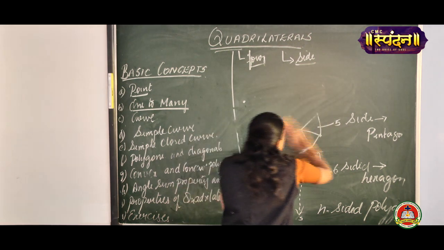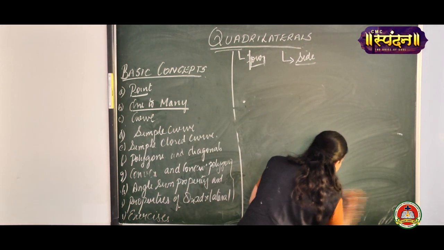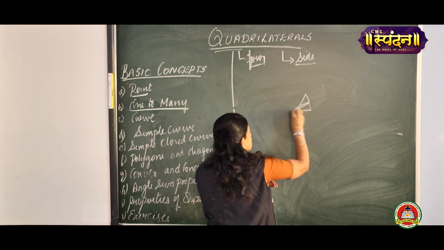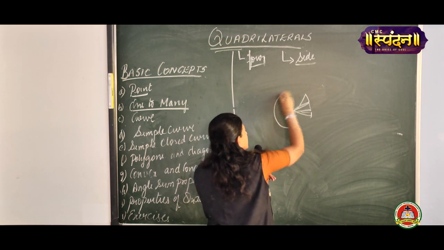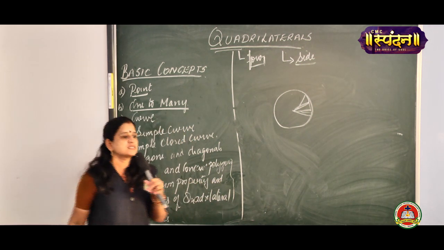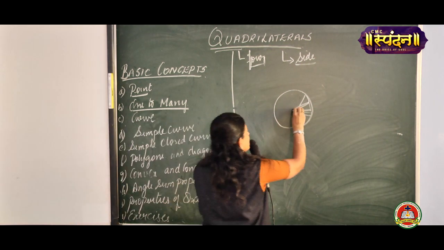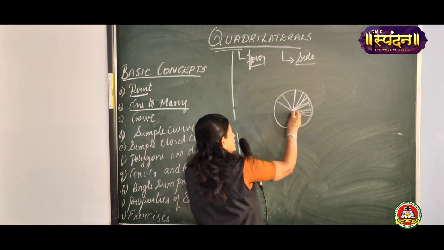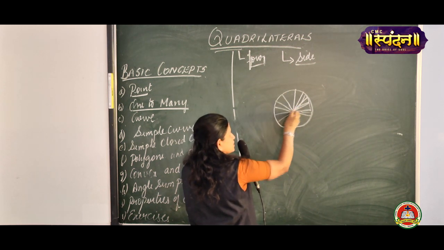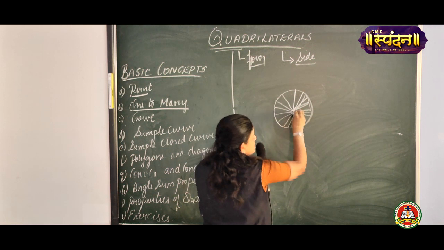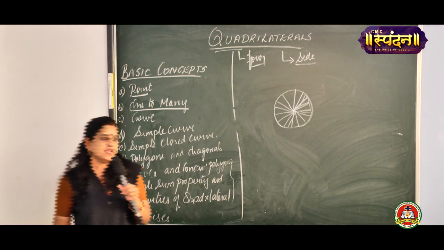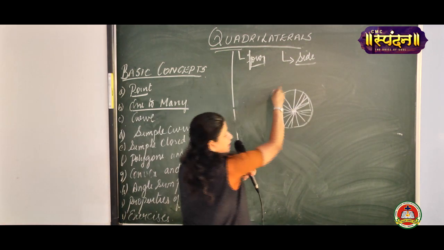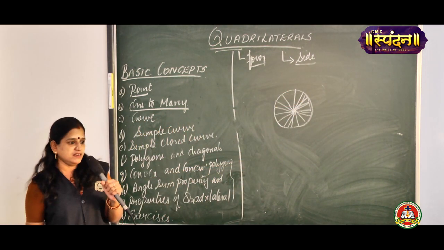Next, when triangles are added like this, finally you will get a circle. In this circle there are n number of radii, because we are going on adding triangles. So what do you get finally? A circle with a common center and n number of radii.